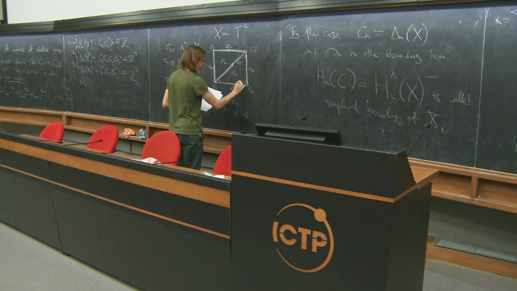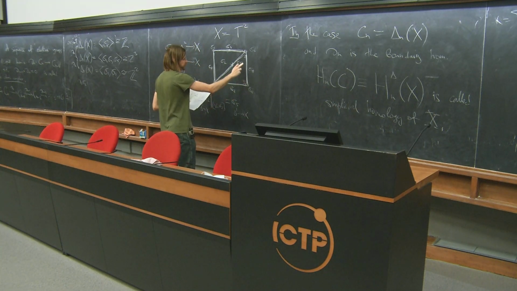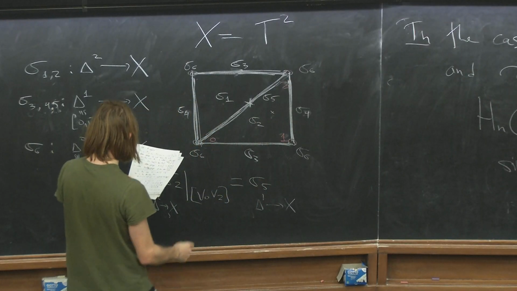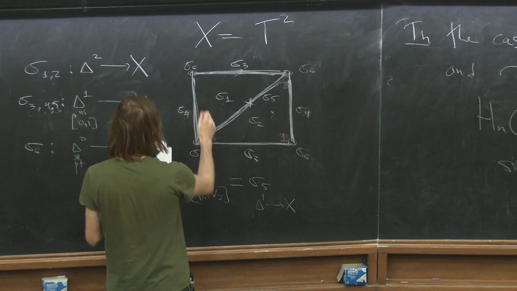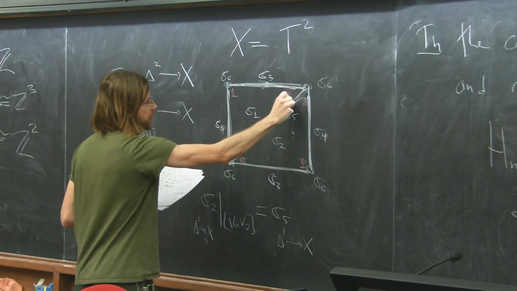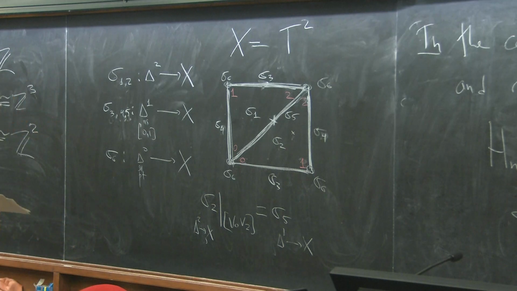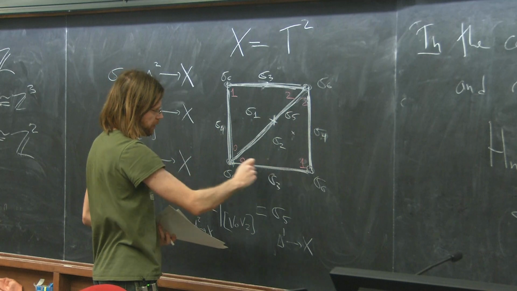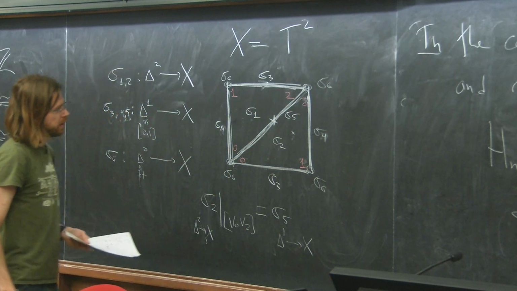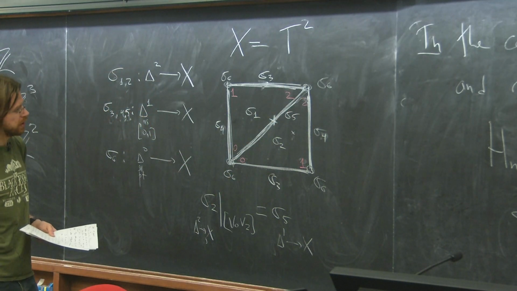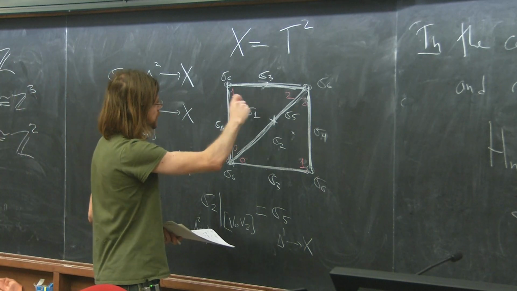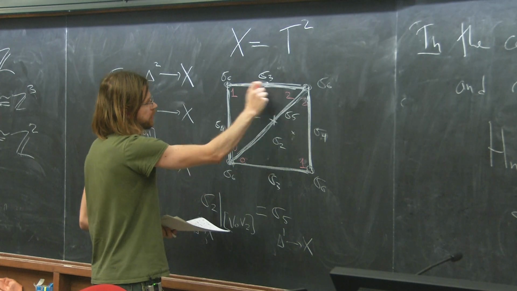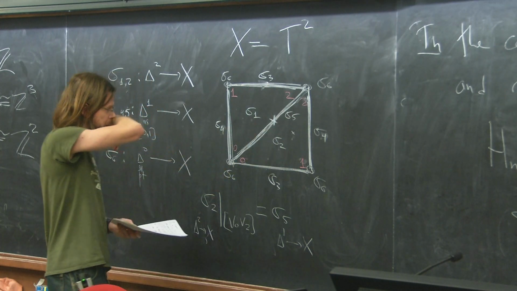So suppose we fix for this triangle an order like this, and for this triangle we fix the order like this. Then this will automatically fix an order for the one simplices, for everything else. So this will fix an order for this one simplex here, and this one simplex here, and also this one simplex here.